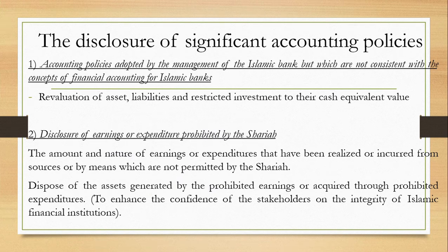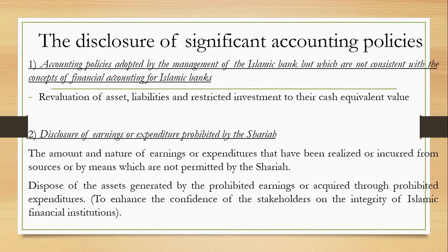Okay, in terms of the disclosure of significant accounting policies, as we have seen the requirements or the basic requirement for Islamic Bank to disclose their information, this one is in terms of their accounting policies. For the first point, it says accounting policies adopted by the management of Islamic Bank, but it is not consistent.